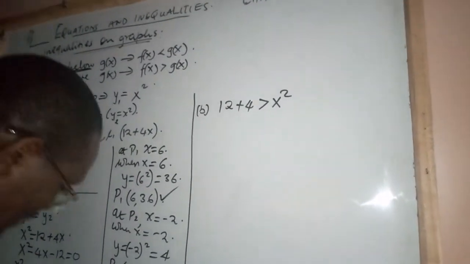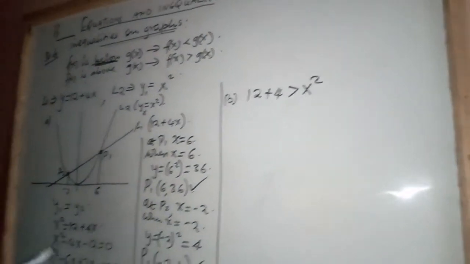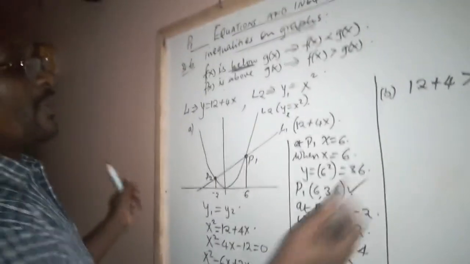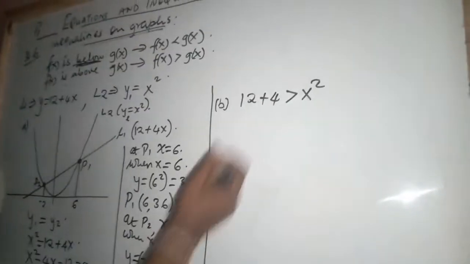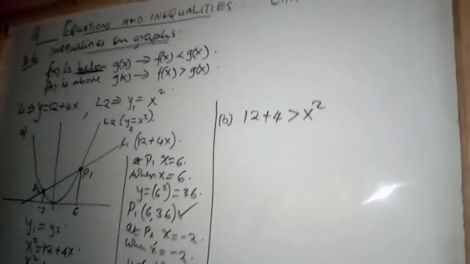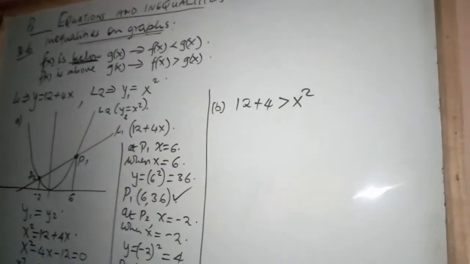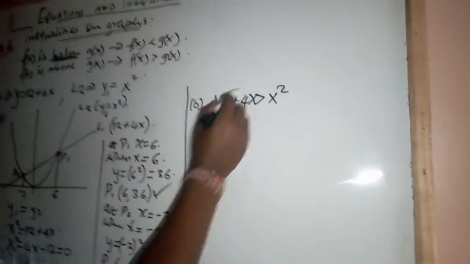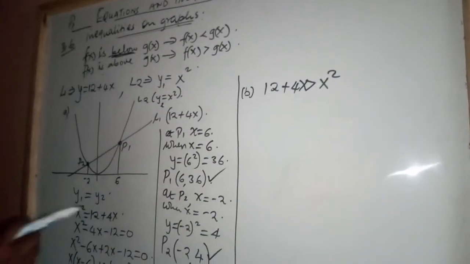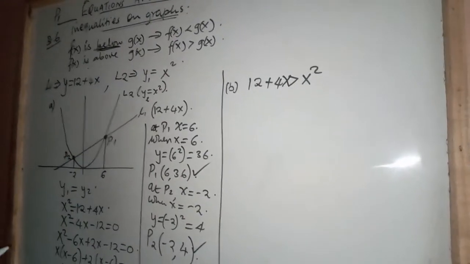We now need to revisit the graph that we have drawn. And we are talking about the linear part. This is 12 plus 4x, not just 4, but 4x. 12 plus 4x is greater than x squared.